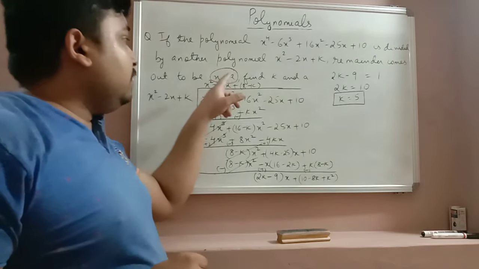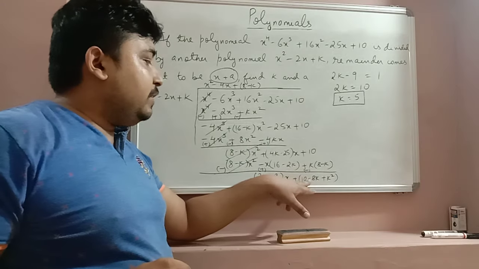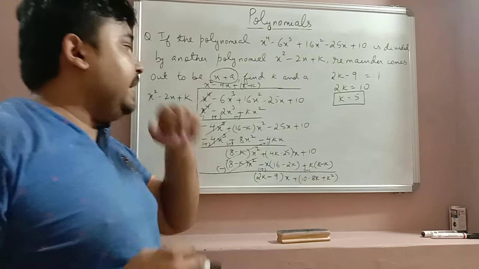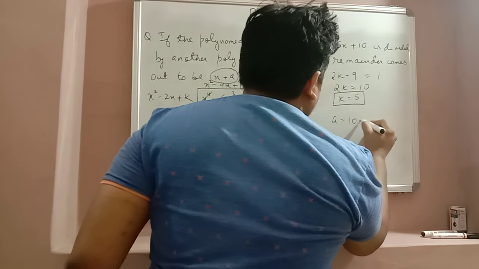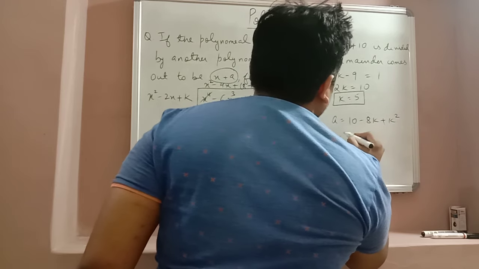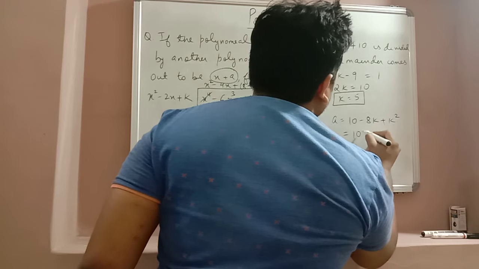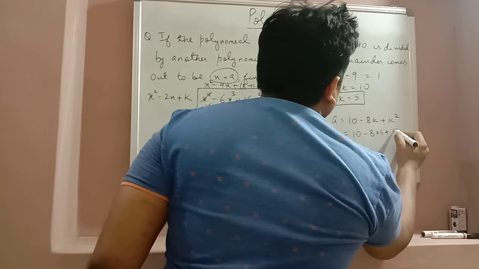Now if we compare plus a with 10 minus 8k plus k square, here a will be equal to 10 minus 8k plus k square. We already have the value of k, we'll just put it here. 10 minus 8 into 5 plus 5 square.